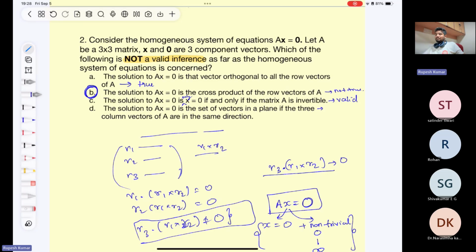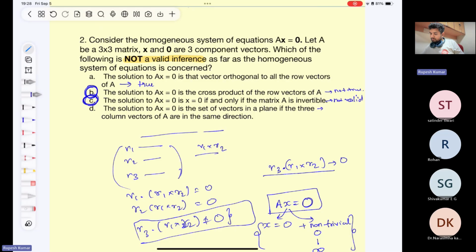It's not a complete statement. The solution to Ax equals zero is x equals zero if and only if matrix A is invertible, so this will not be a valid inference. So let's say that this is not a valid inference. This is also not valid, so I can always choose option C as our answer.